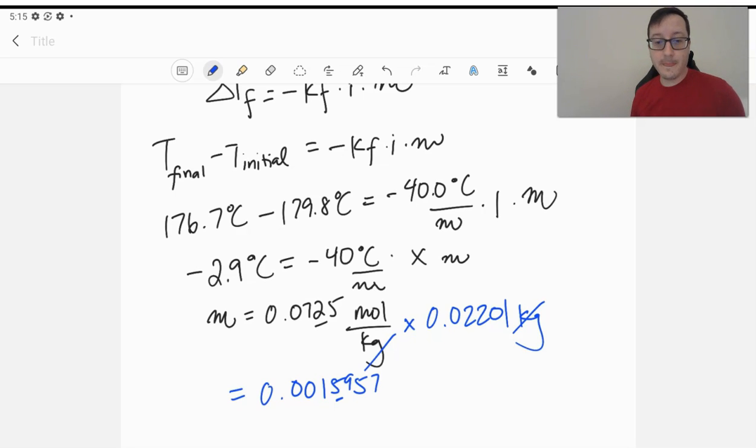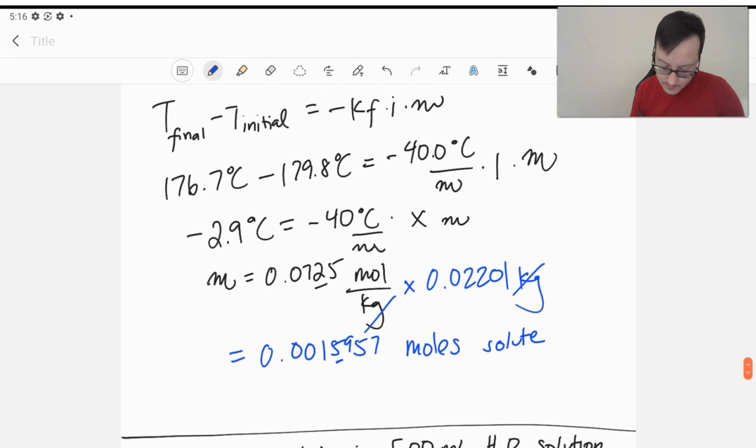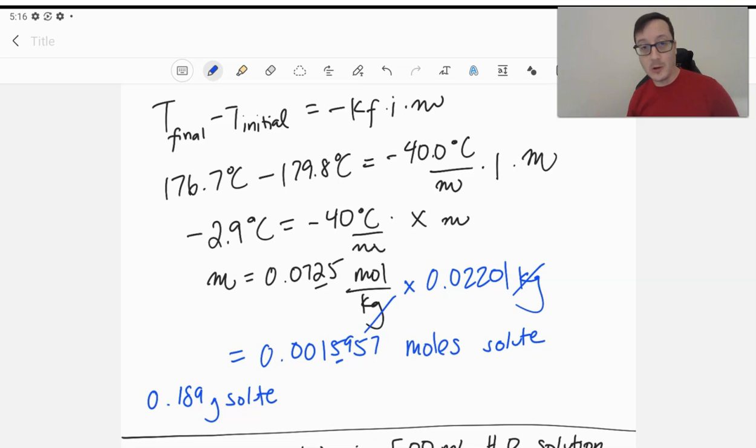Now, this is how many moles of solute. We know we have 0.189 grams of solute. If you remember how to figure out molar mass, just look at the units: grams per mole.